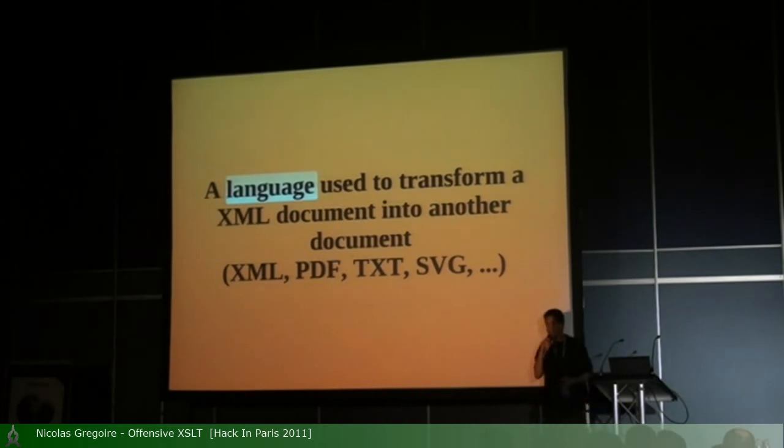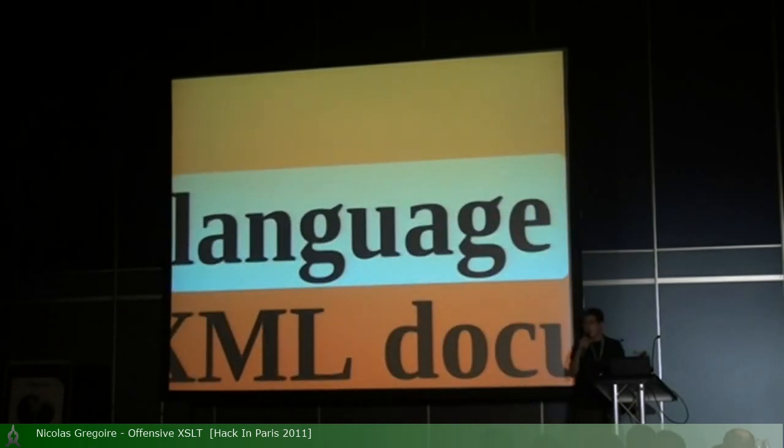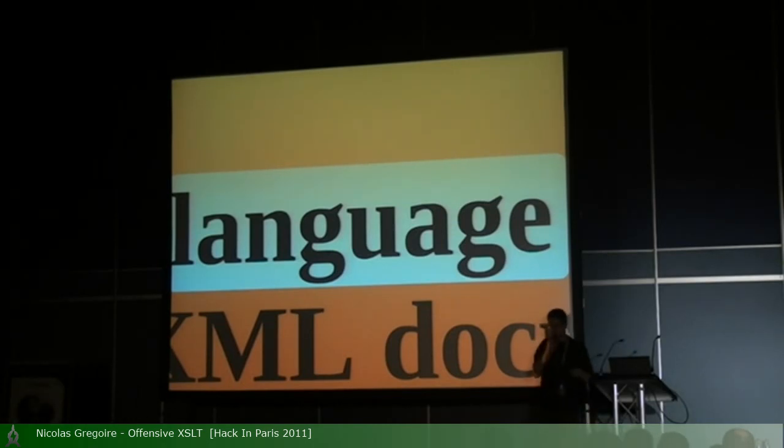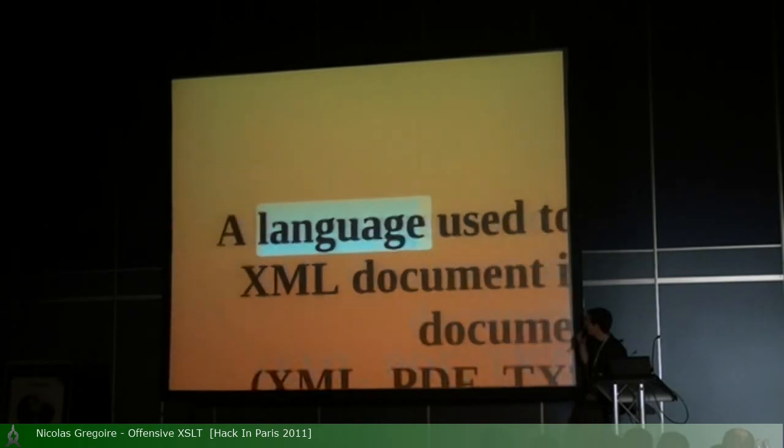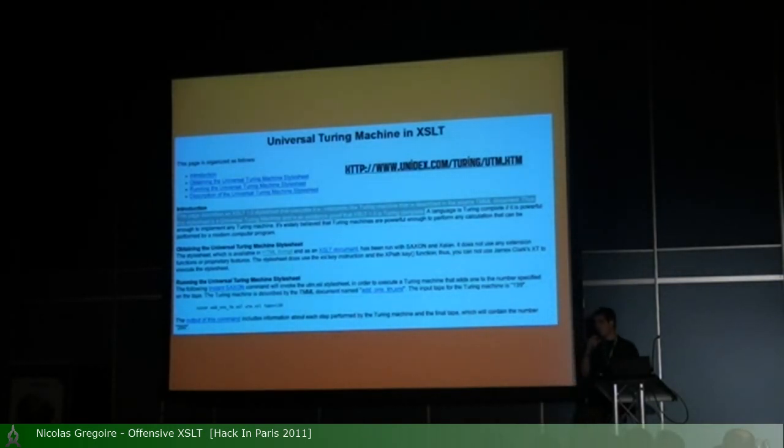The important point is that it's really a language. It's a functional language, so most of us don't usually play with this kind of language. It's a bit surprising. But the important thing is that this language is Turing complete. There are some proofs available online.